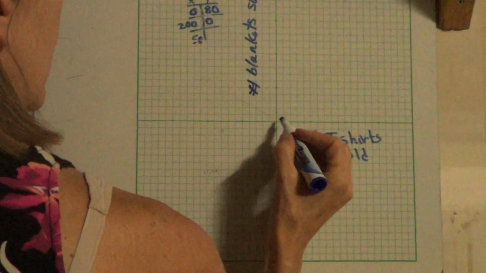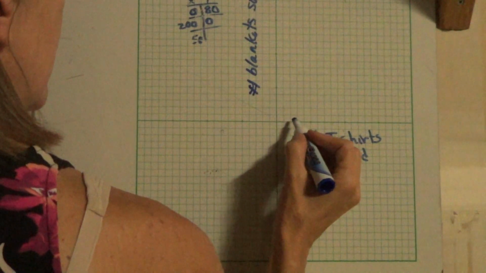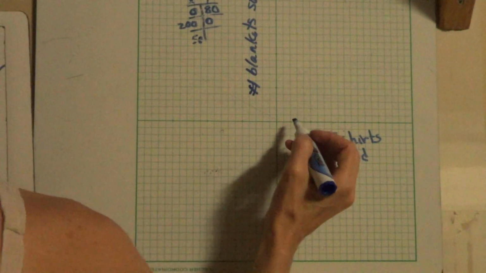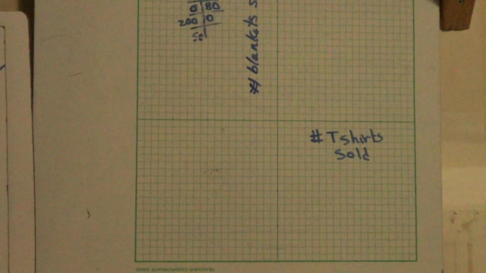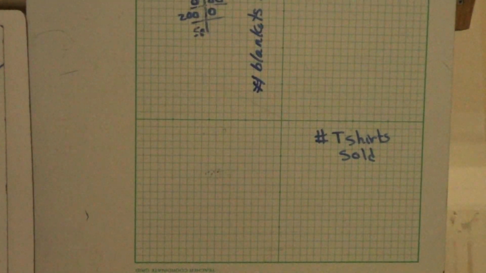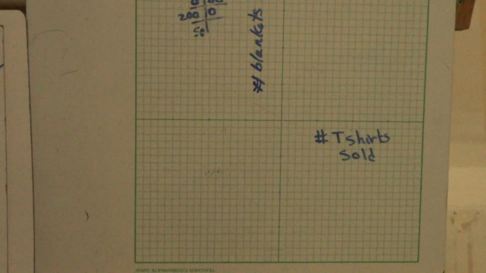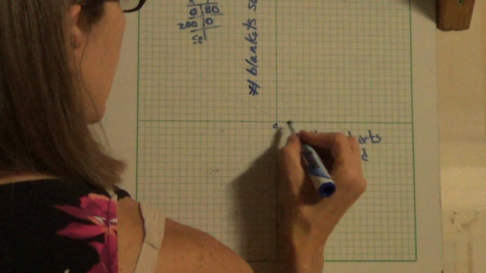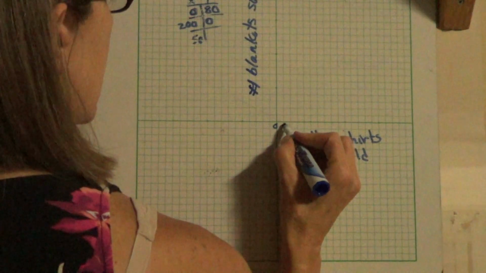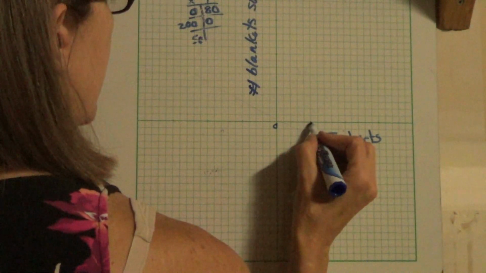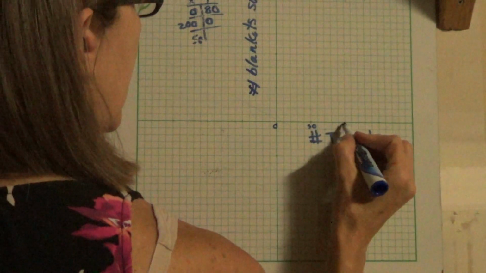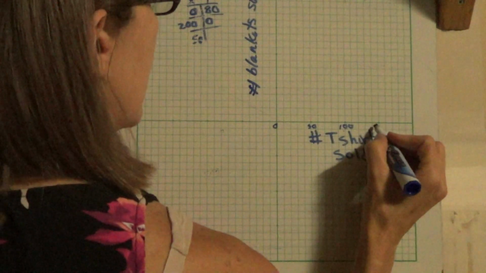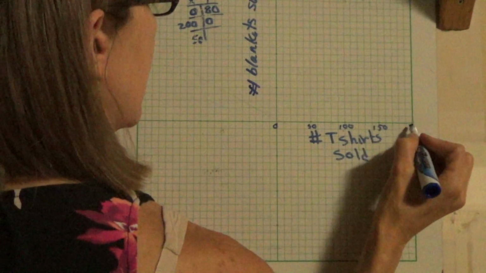let's see, we're trying to go 200, 100, 200, I'm on the spot, I've got to make sure, no. I did go by 10, so this would be 10, 20, 30, 40, 50, 100, 150, and 200.